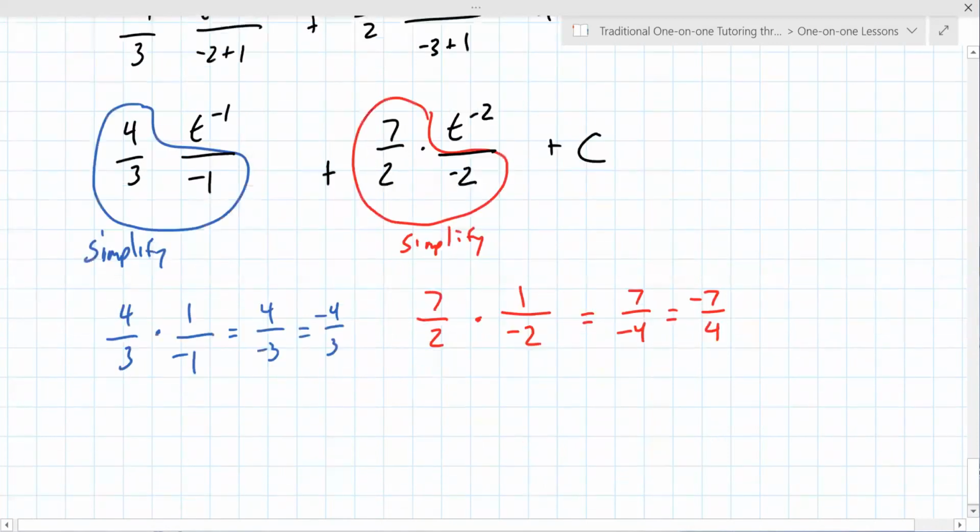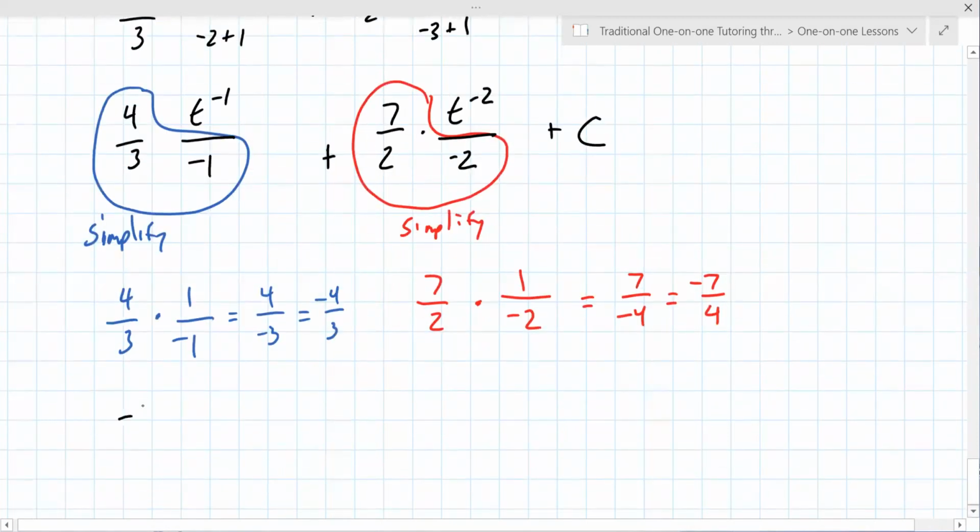So -4/3 t to the -1 plus 7/2 t to the -2 over -2, which is -7/4 t to the -2, plus c.